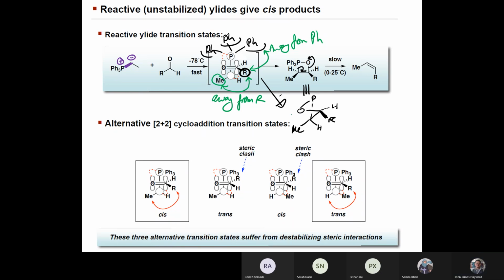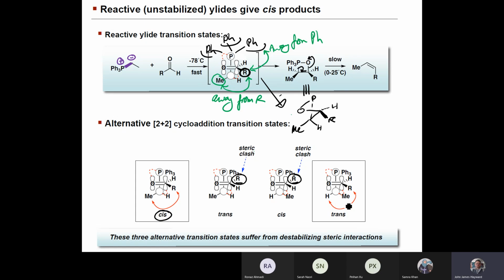So what can happen? What are the other alternatives? Well, if we put the R pointing towards the phenyl, well, we get steric clash. The lower energy transition state, which gives us the cis, puts the methyl as far away from the R group as it can, while the R group remains away from triphenylphosphine.